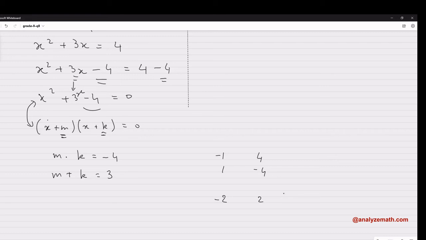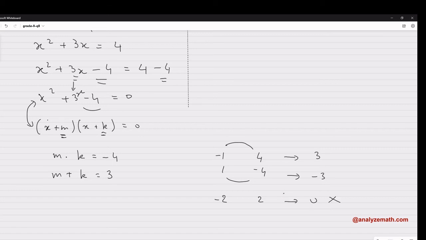Now, very clearly, if I add these two numbers, the negative 1 and the 4, they give me 3. If I add these two, they give me negative 3. Now, these ones here, if I add them, they will give me 0.